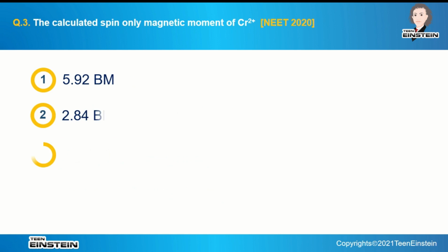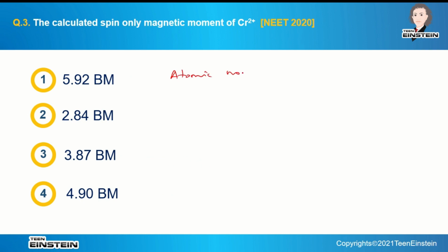Next, move on to the third question. The calculated spin only magnetic moment of chromium 2+ is. So here the atomic number of chromium is 24. So let's write the electronic configuration of chromium 2+: 1s2, 2s2, 2p6, 3s2, 3p6, 3d4.